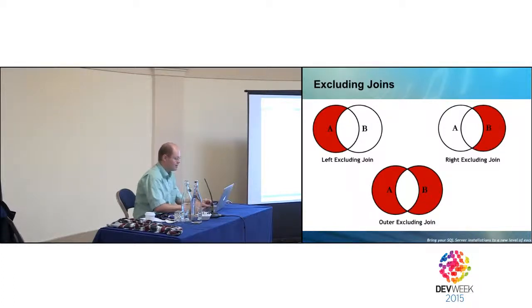Let's try something else. What do you think about that SQL statement? We are interested in the rows where the customer ID is not null in the right table. It's an inner join because the where predicate eliminates the null extended rows.